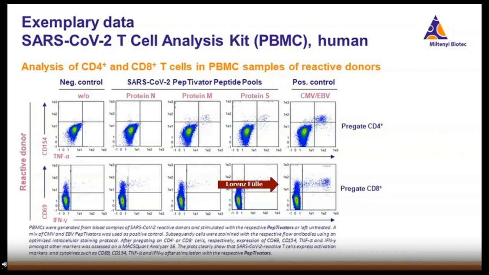For analysis, we pre-gated on CD4 or CD8, and then assessed CD154 and TNF-alpha expression on CD4 positive T cells and CD69 and gamma interferon on CD8 positive T cells. As you can see, T cells respond specifically to the stimulation with the PepTivators and thus indicate exposure of the donor to the SARS-CoV-2 virus.